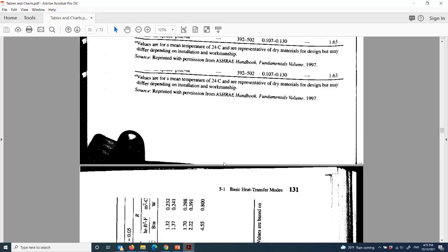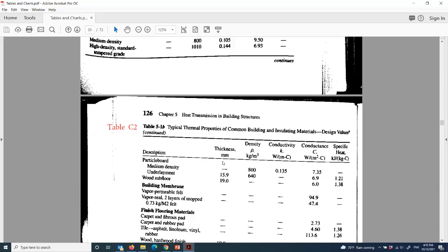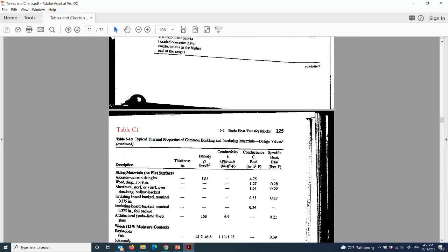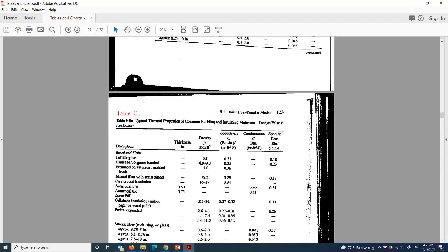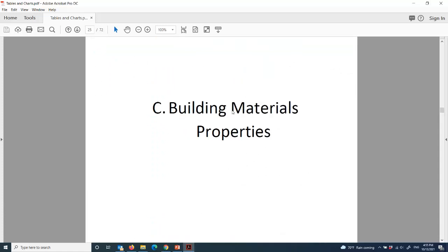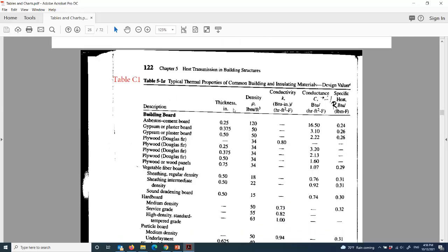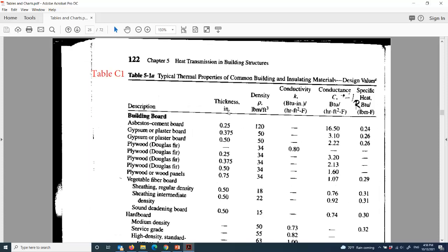If you go to appendix C, it's not very long, but it's still long, because you have other references for very detailed materials. This is from the ASHRAE Handbook, American Society of Heating, Refrigerating and Air-Conditioning Engineers. First we start with table C1. I called it C1, it's table 5.